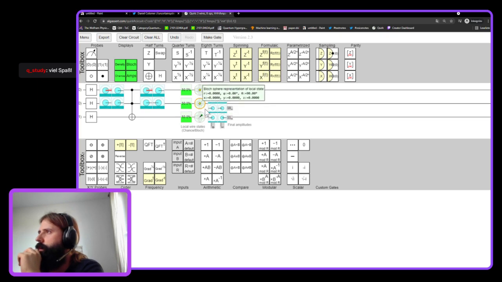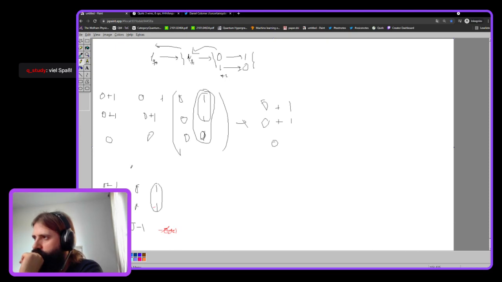Because they stay entangled, right? They stay as mixed states. The phase got kicked back, but the thing is, the messed up thing is that it's not that when one is one, we know the other one is one either, right?